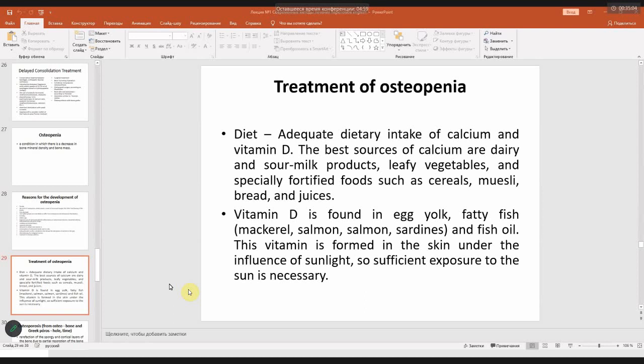Vitamin D is found in egg yolk and fatty fish. This vitamin is formed in the skin under the influence of sunlight, so sufficient exposure to the sun is necessary.